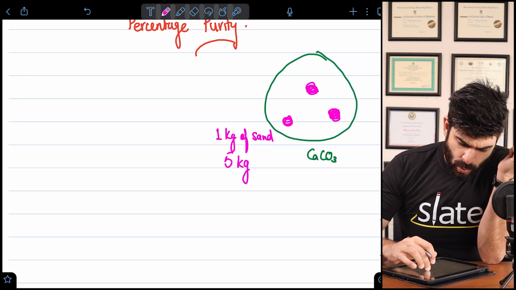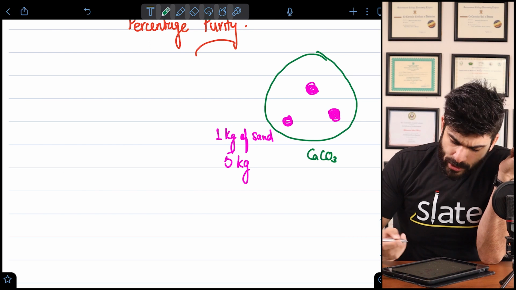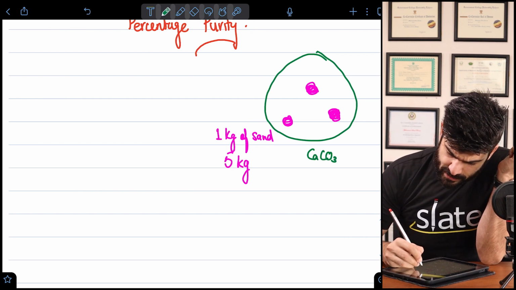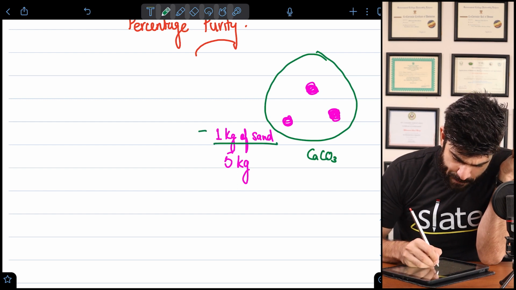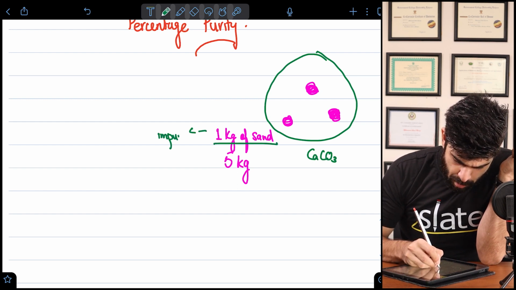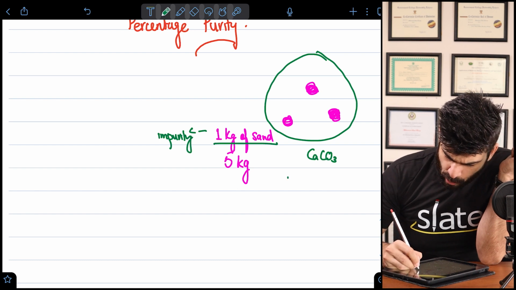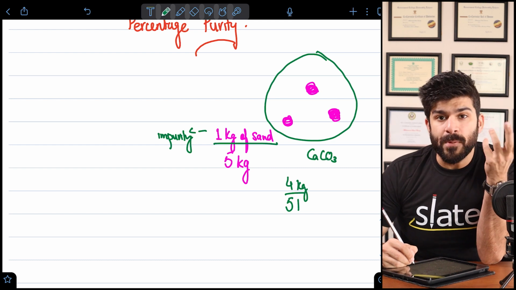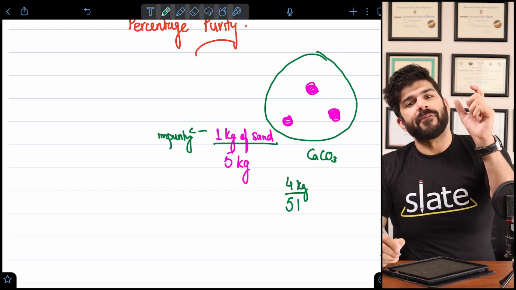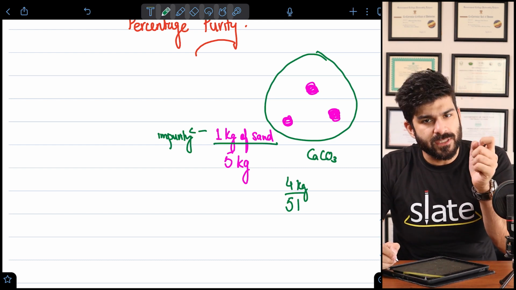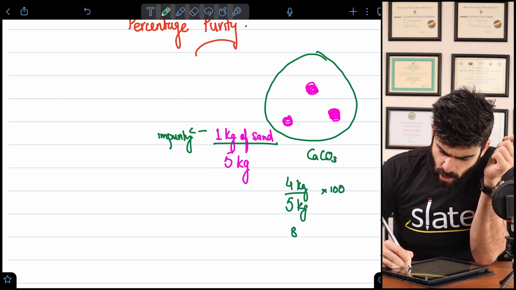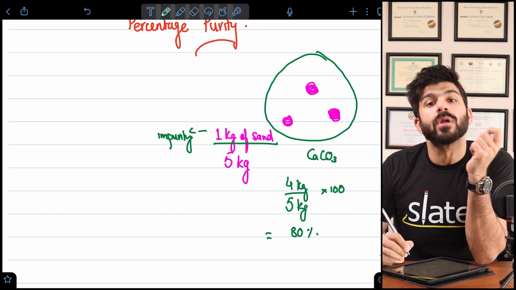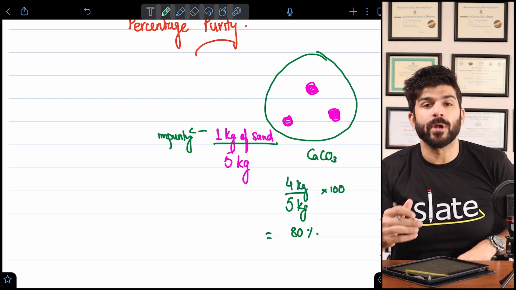For that, we normally take the mass of pure substance, which is, if 1 kg is the impurity, so the pure would be 4 kg, and we divide it by the mass of the impure substance. Impure means having both pure and impure substance together. So 4 kg divided by 5 kg into 100, and we call it 80% pure. So that's what the concept of purity is.